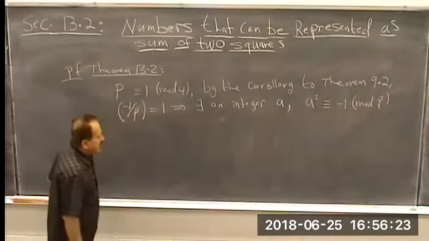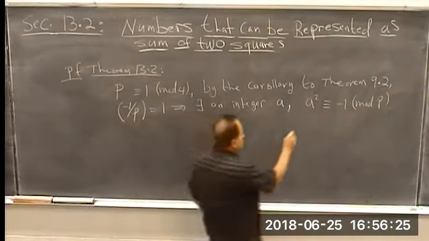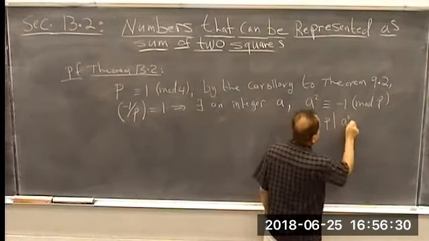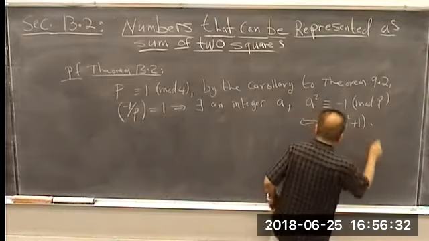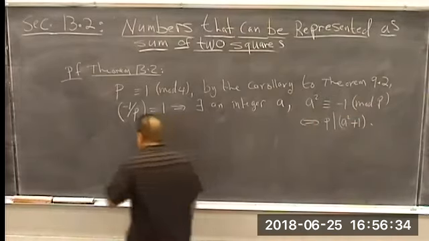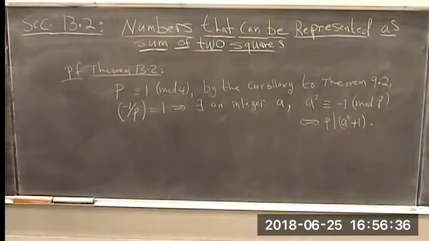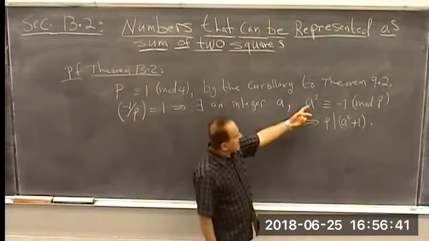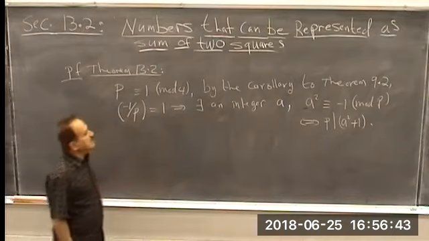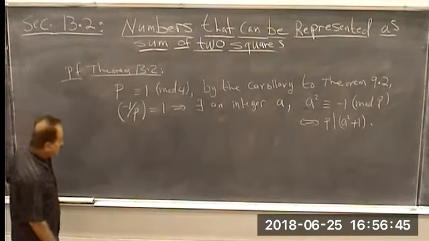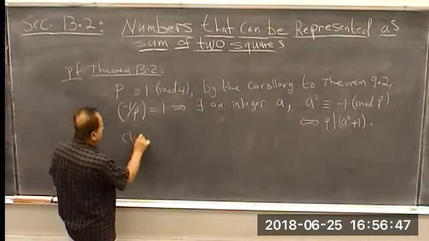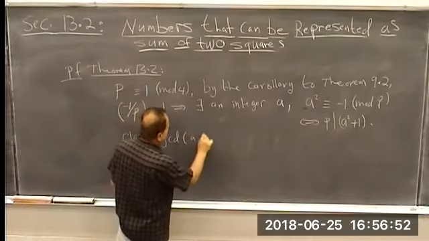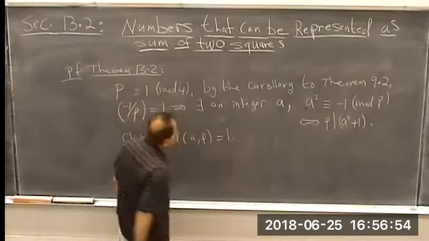All right, and this in itself is of course equivalent to saying that p divides a squared plus 1. Now I'm going to be applying Thue's lemma, which means I need to show that this a is relatively prime to p. So I claim that the greatest common divisor is equal to 1.